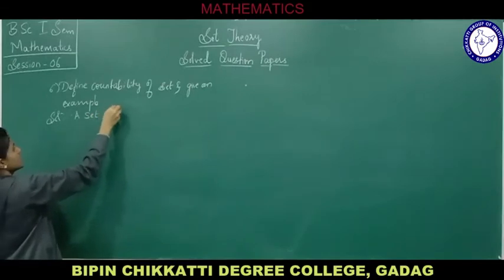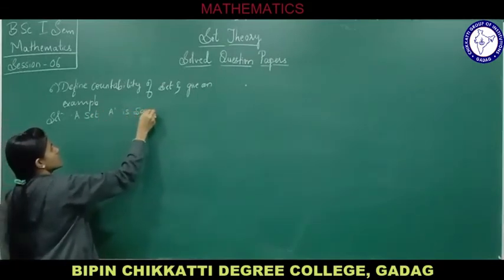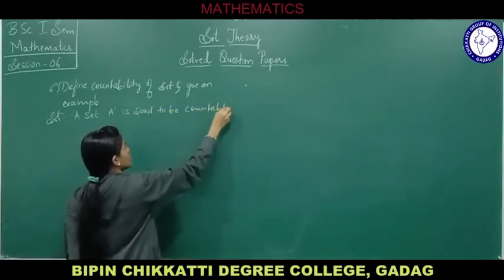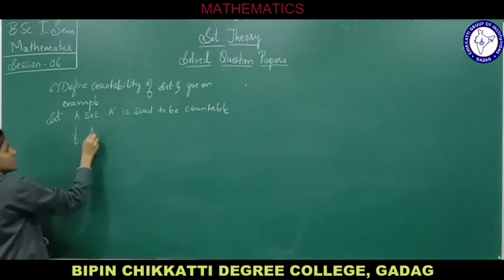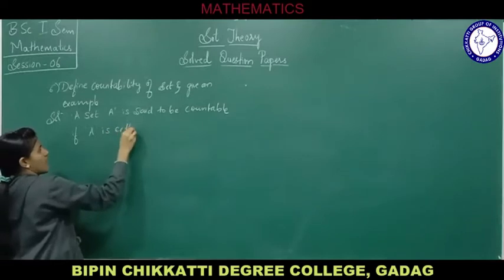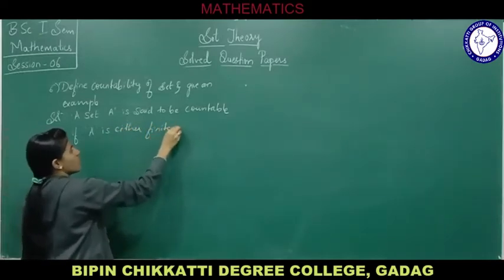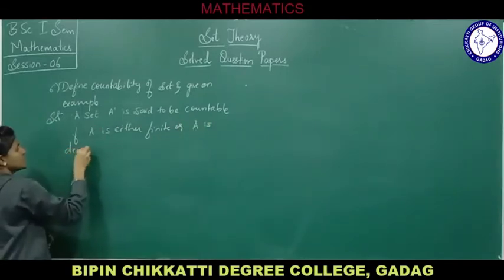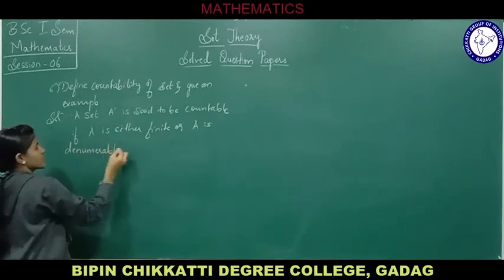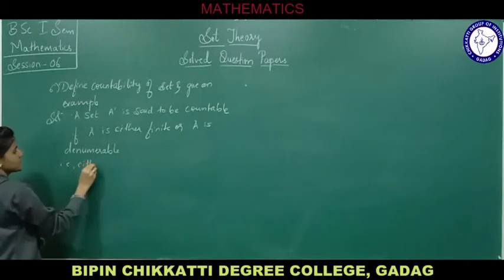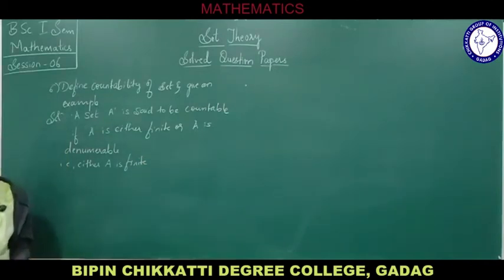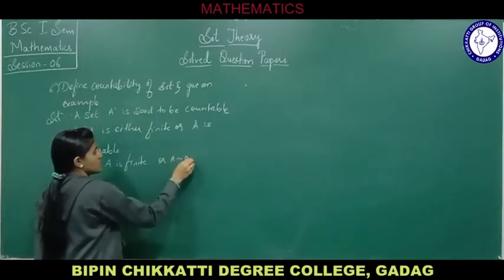A set A is said to be countable if A is either finite or denumerable, that is, either A is finite or A is equivalent to N.